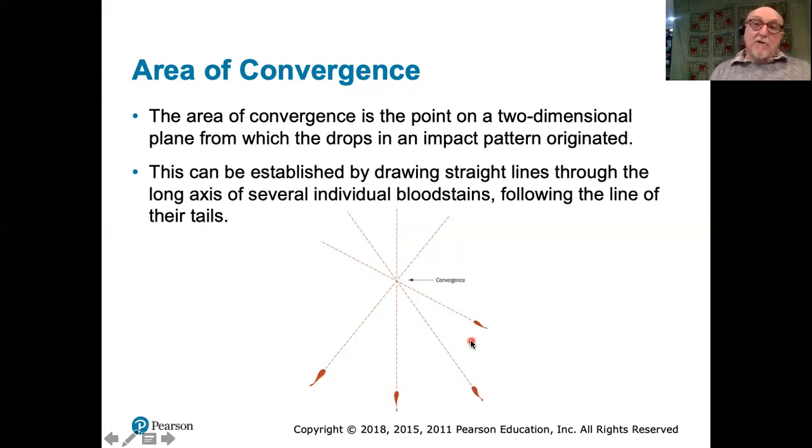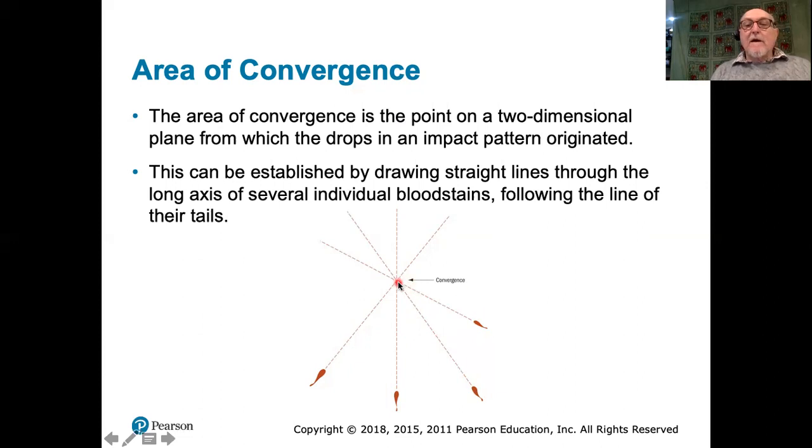This is much as I described before when we were talking about forward and back spatter. We can draw a line through each of these droplets, and we find that there is an area of convergence. Now remember, this is on a flat surface. And looking at these, you also realize that these droplets have come in at an angle to the flat surface.